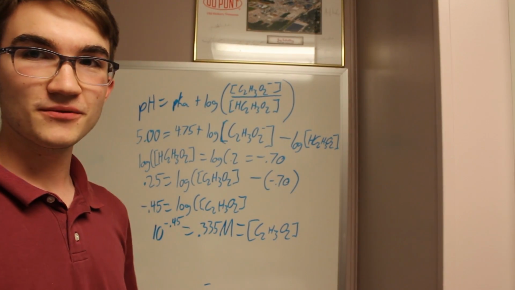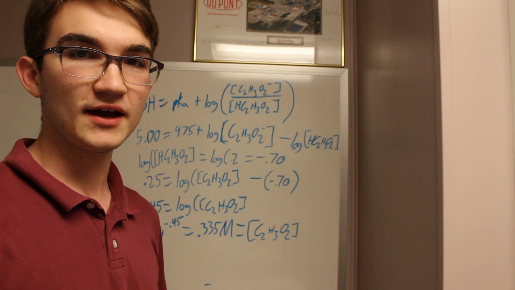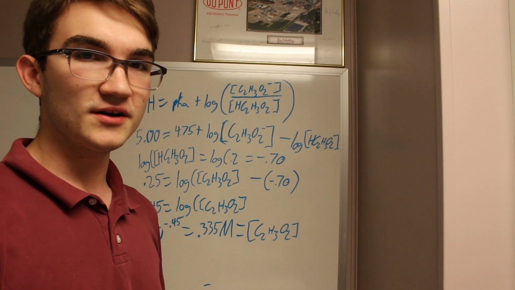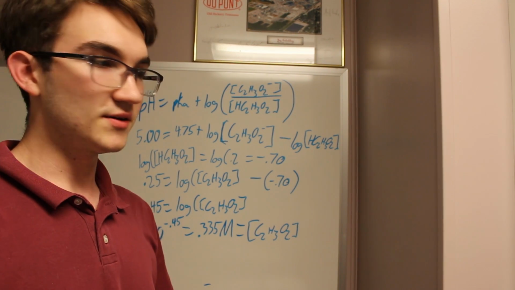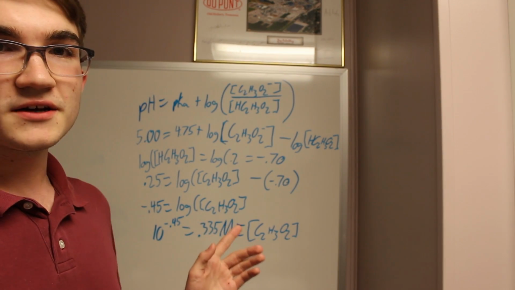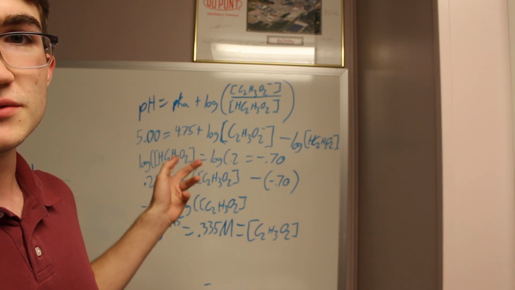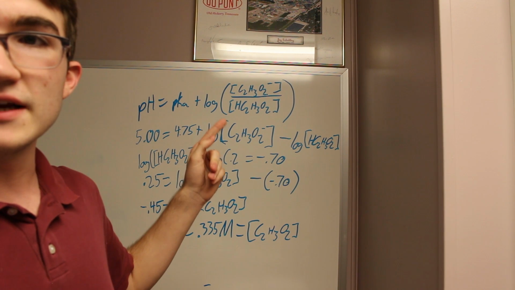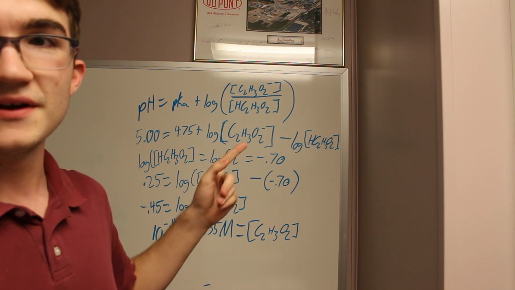Alright, to start off with, we determined the concentration of the acetate in this solution. I'll get to determining the grams in just a second, but this is the part that we just learned. So, using our Henderson-Hasselbalch equation, we can set up pH equals pKa plus the log of the acetate over the acid, the acetic acid.